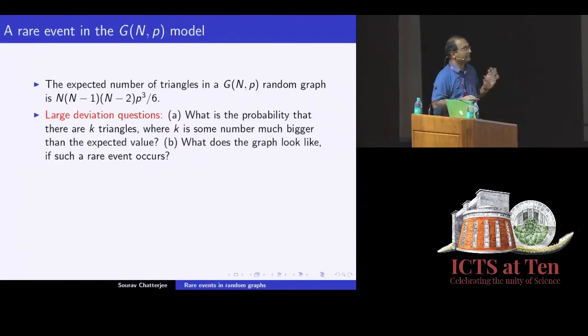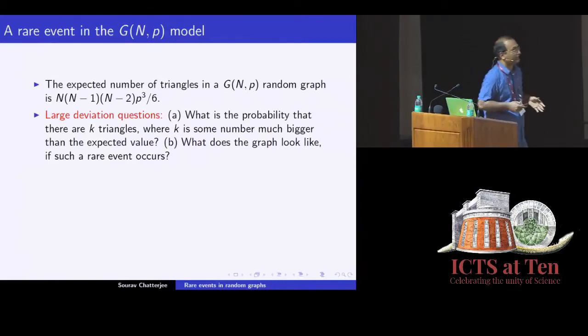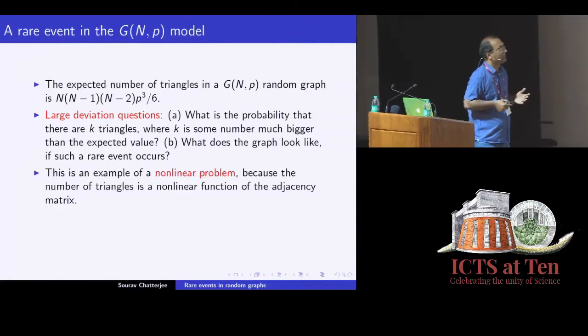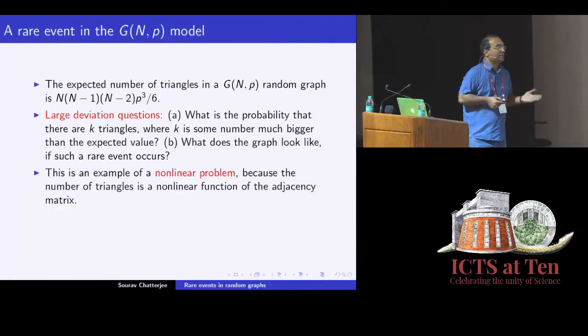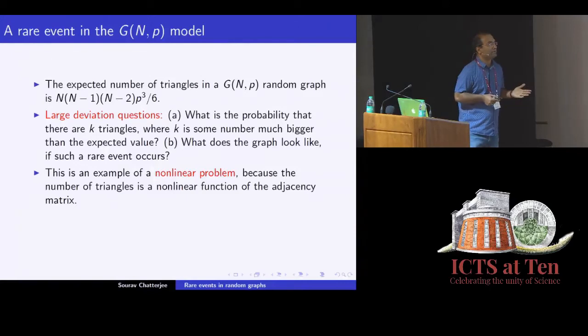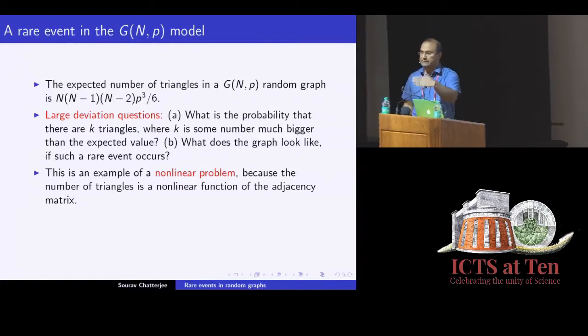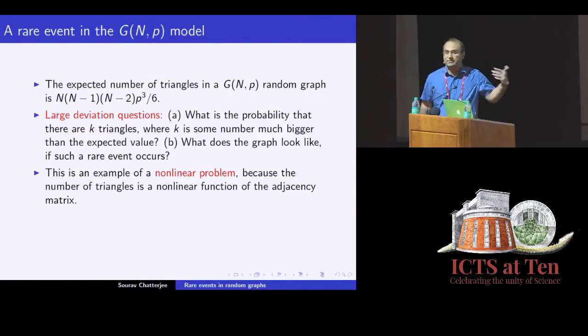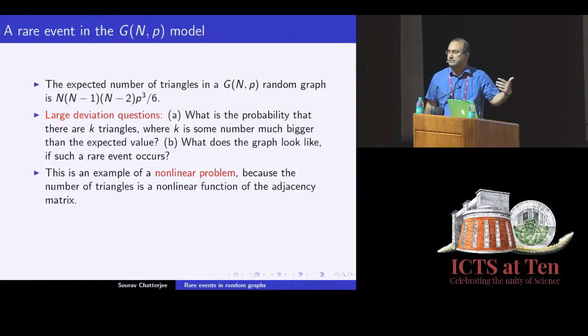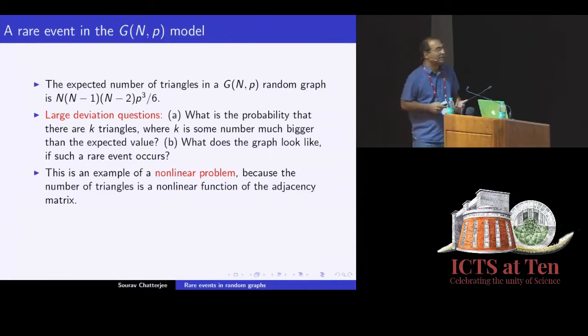Okay, what's the most likely structure of the graph? So this is an example of a nonlinear large deviation problem, because the number of triangles is a nonlinear function of the adjacency matrix. The adjacency matrix here is a bunch of independent random variables. So edges are all independent, and the number of triangles is a degree 3 polynomial. Okay, instead of being a linear function, it's a degree 3 polynomial.